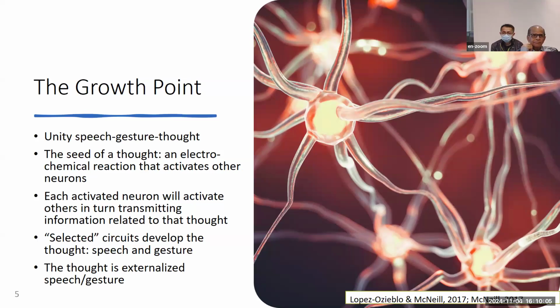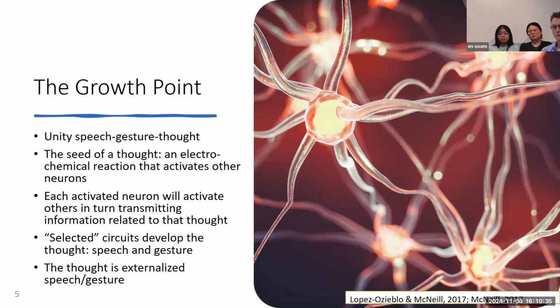The ideas of McNeill that I just mentioned, so this unity between the gesture, the speech, and the thought, make a lot of sense within embodiment. Basically, if you think that your thought is also affected by your previous bodily experiences, it makes sense that as that thought develops, it is also going to be affected by those experiences.